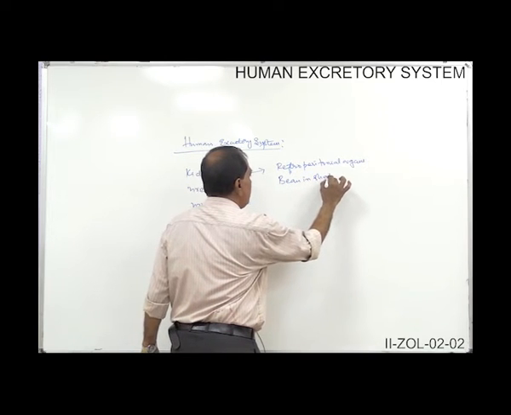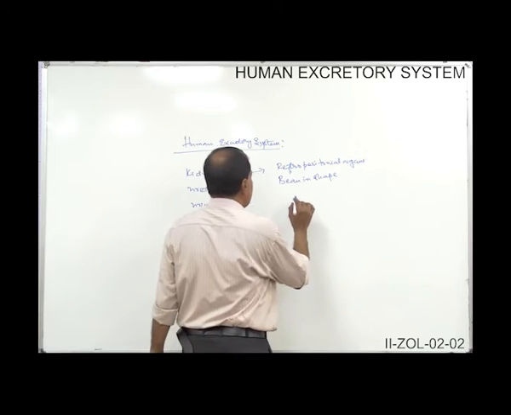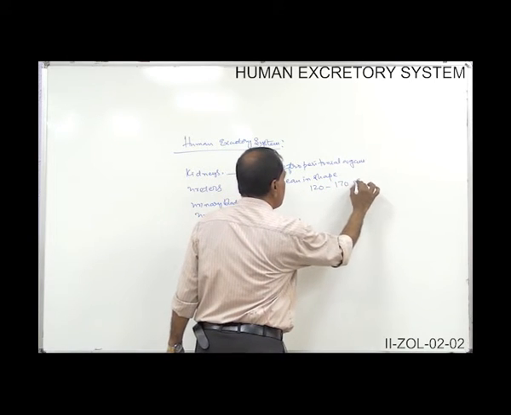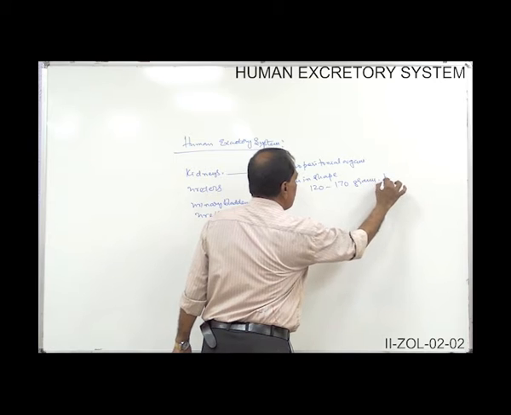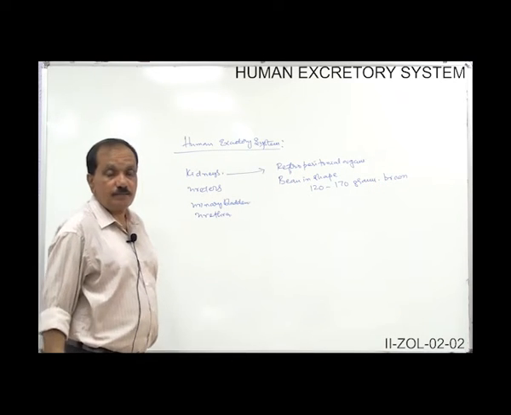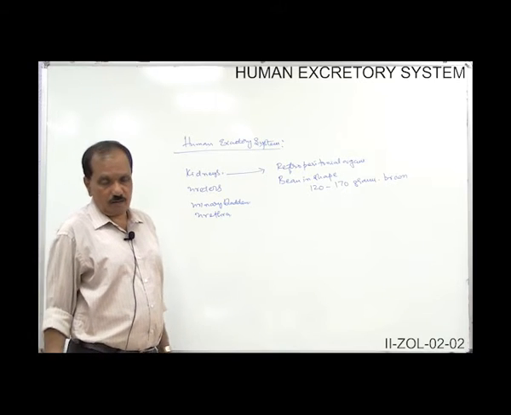The kidneys weigh 120 to 170 grams. They are dark brown in color, and they are present on either side of the vertebral column.